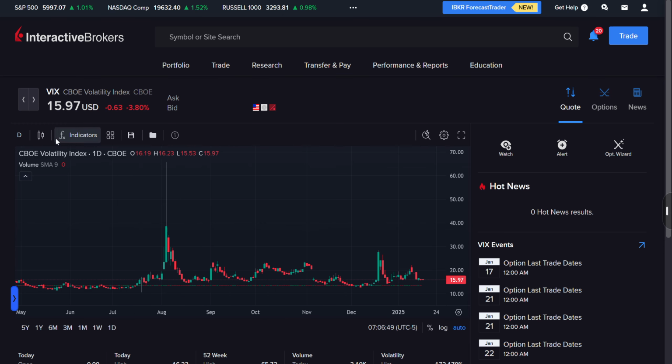If you take a look at the graph here, you can see that the mean of the VIX is about 11 to 15. So once you see that volatility spikes up to 64, you will know that in the long run it will go towards the mean, which is around 11 to 15.